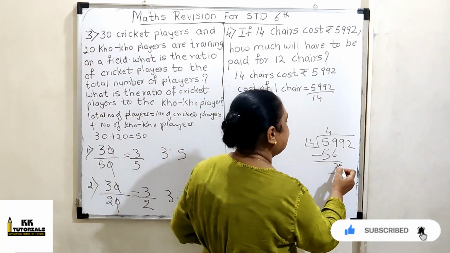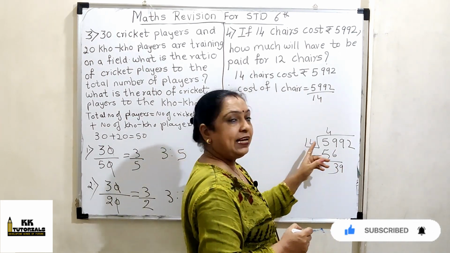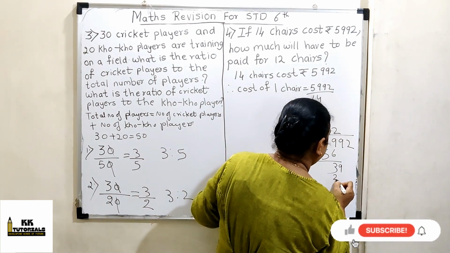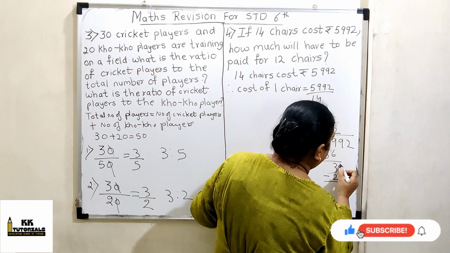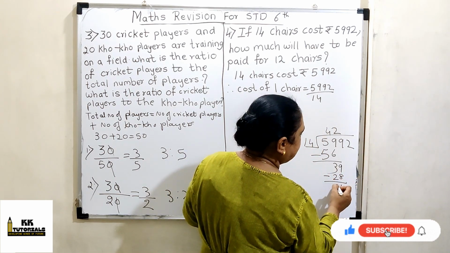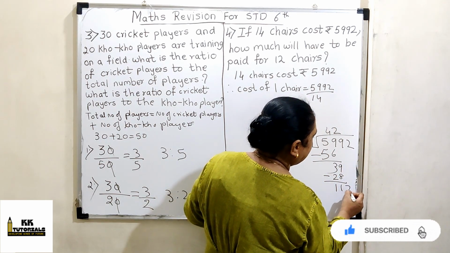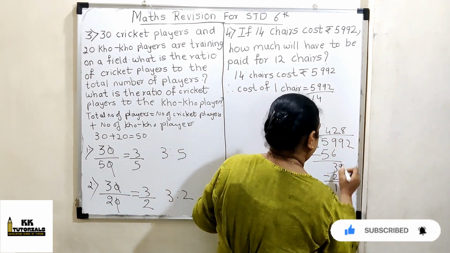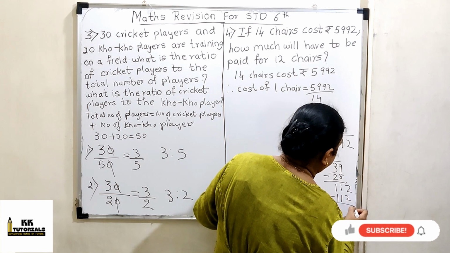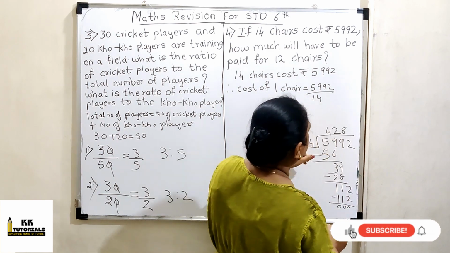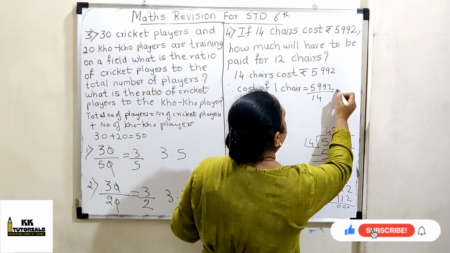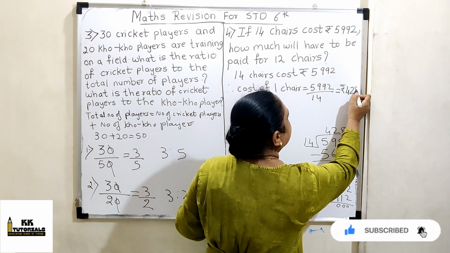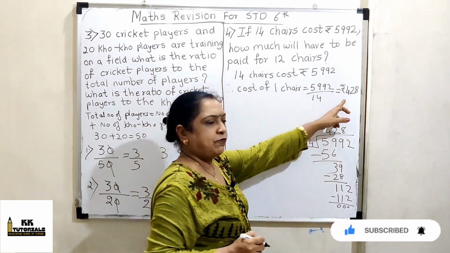Now bring down this 9. 14 twos is 28. 9 minus 8 is 1. 3 minus 2 is 1. Bring down this 2. 14 eights is 112. Okay. So we got cost of one chair is rupees 428. Okay. We got the price of one chair.